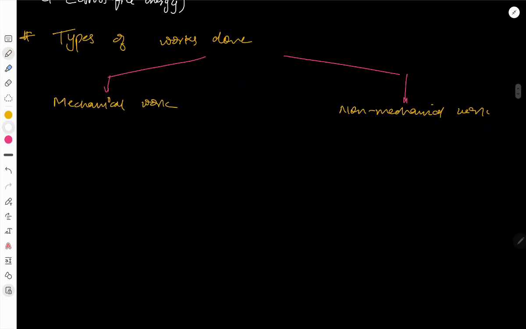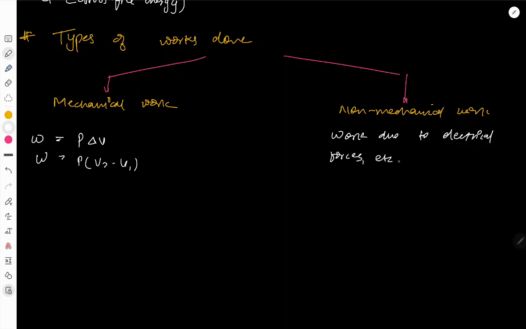The mechanical work is expressed in the form of P delta V, that is P times (V2 minus V1), while non-mechanical work is work due to electrical forces and other forces. So this is it, and in this chapter we'll be mostly focusing on this part, so I'm putting it on stars.